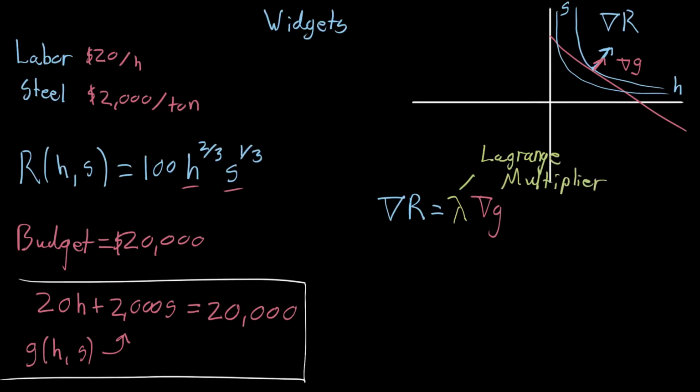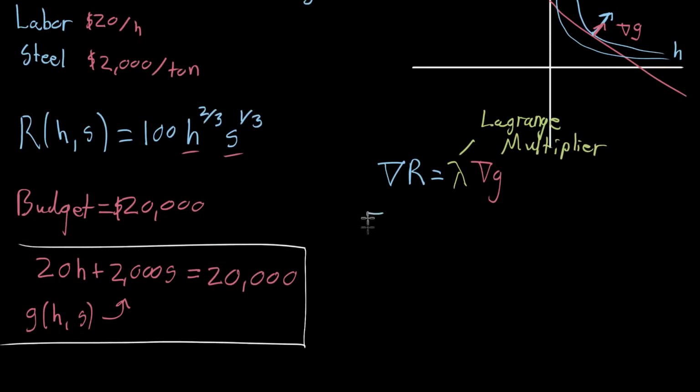Let's first compute the gradient of r. So the gradient of r is going to be the partial derivative of r with respect to its first variable, which is h. So partial derivative with respect to h. And the second component is its partial derivative with respect to that second variable, s.